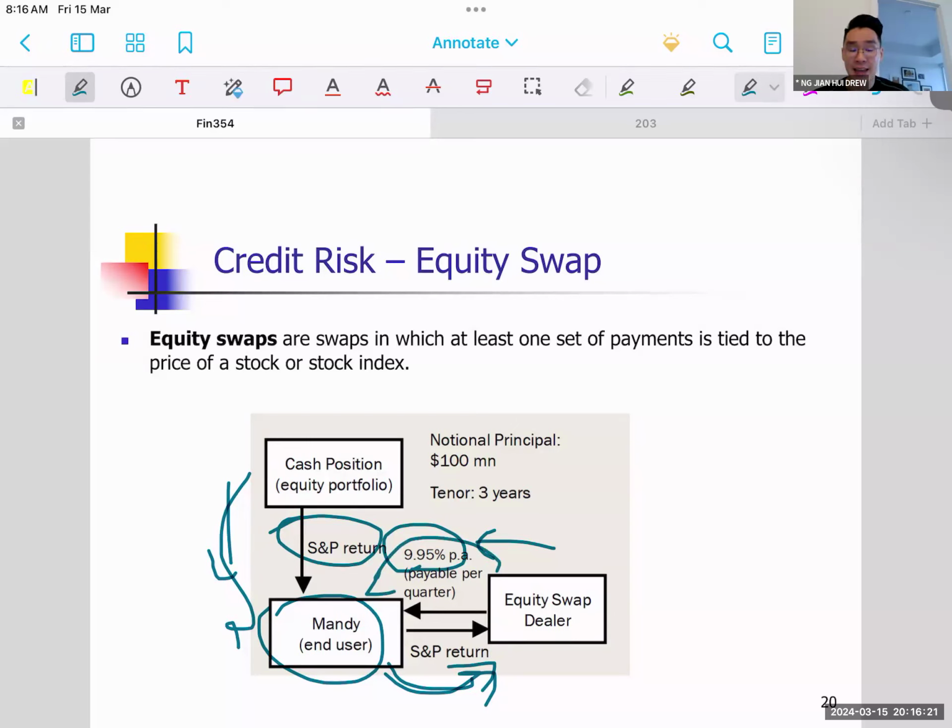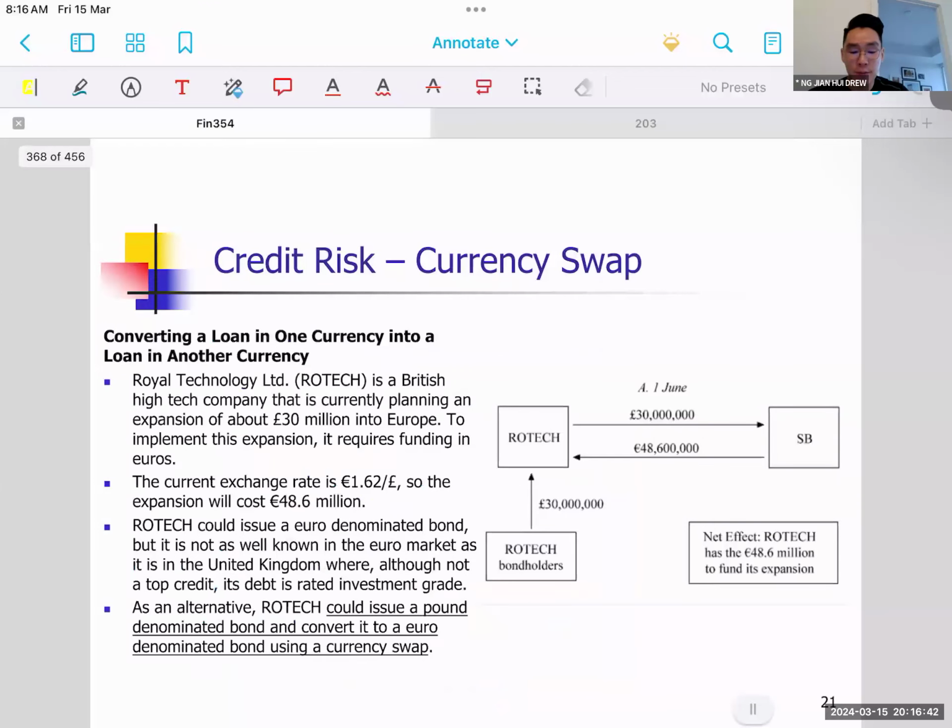Once this is set up, at the end of the day, your client, Mandy, will simply be receiving 9.95% per annum instead of the S&P 500. Okay, so this is a simple example of an equity swap.